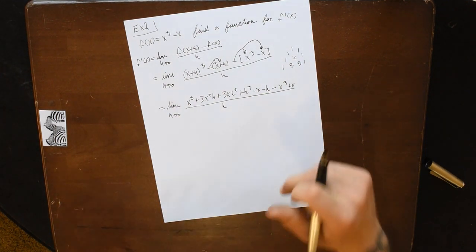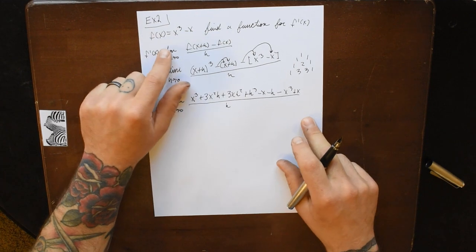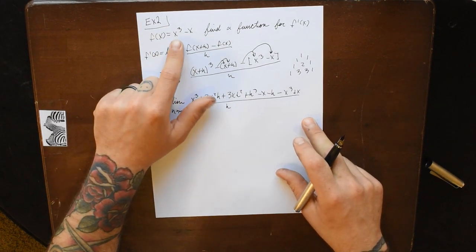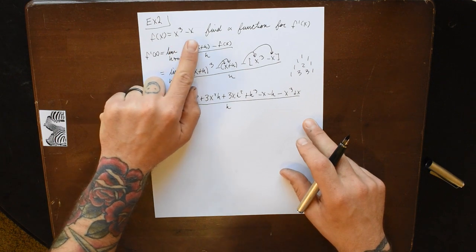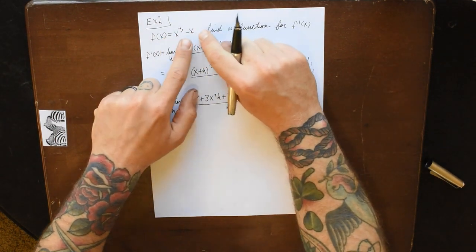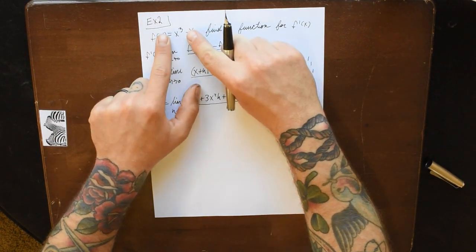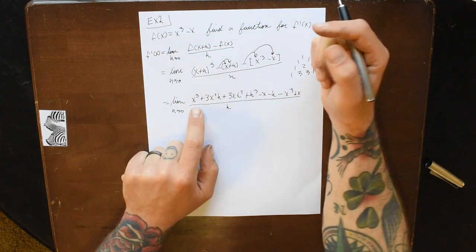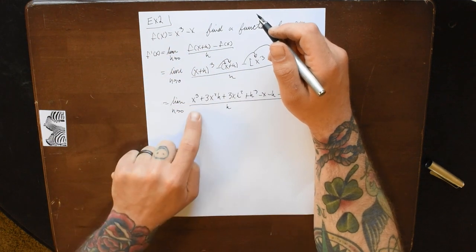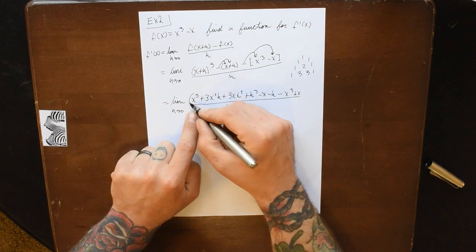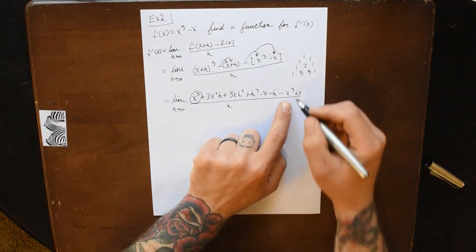Okay, so at this point, like I said, you want to look up to your original function. When you have a polynomial, each of these terms, and terms are things that are separated by addition or subtraction, each of these terms you should be able to find down here and eliminate. So we've got an x cubed up here, I've got an x cubed right here, and I've got a negative x cubed right here.